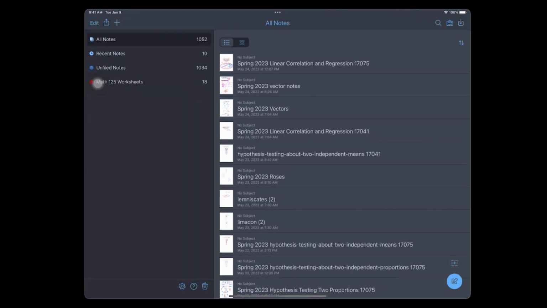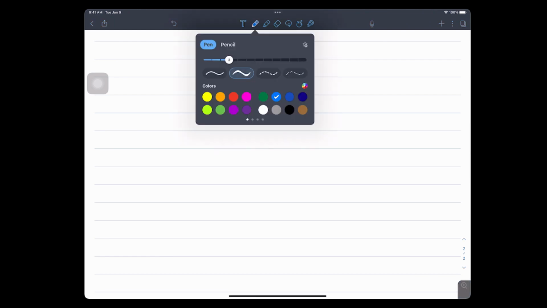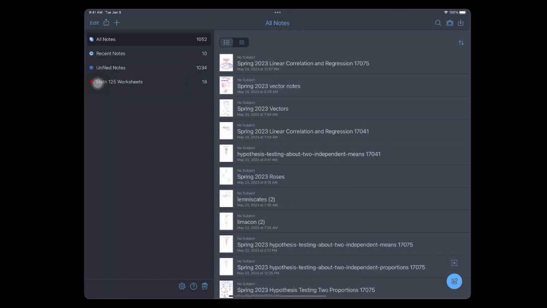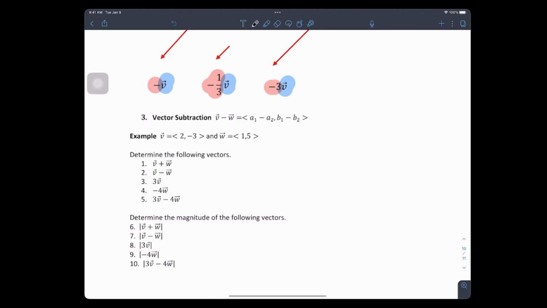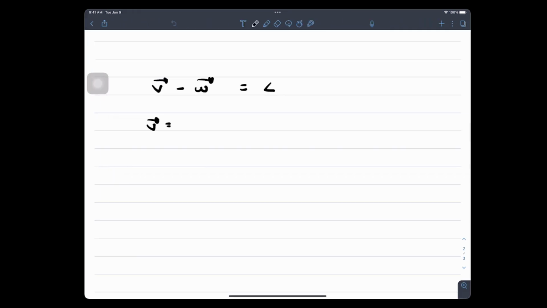Well, let me go back to the notes, because I want to prove it to you guys. Okay? Vector subtraction. If you have vector, and I'm not sure how do we define it? Let's go back. A1, okay, A1 and with subscripts. So I want you guys to see the algebra here. Here's vector V in component form.